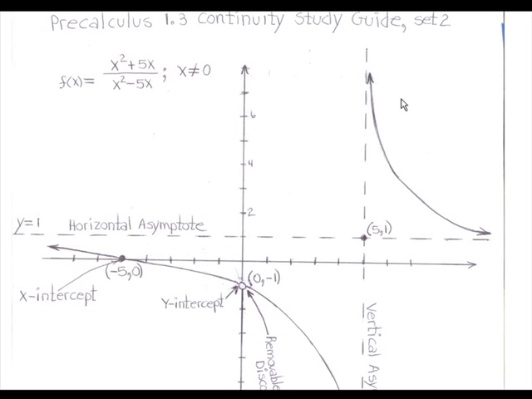Then, as we jump over the vertical asymptote, we discovered that as the x values approach 5 from the right, the y values are approaching infinity. And we also saw, once again, that as x approaches positive infinity, y is trying to approach 1. So here is the graph that we were able to use.